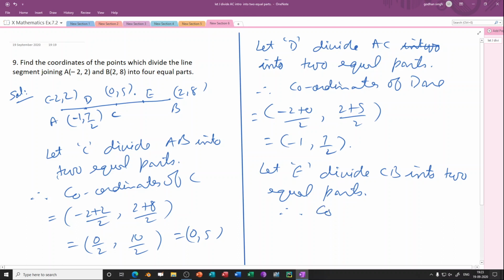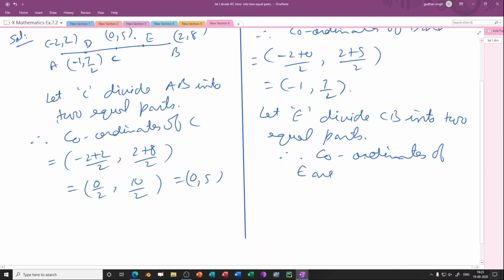So the coordinates of E are, again applying the midpoint formula, very simple: 0 plus 2 by 2 and 5 plus 8 by 2. That will give us 1, and 8 plus 5 is 13, so 13 by 2.